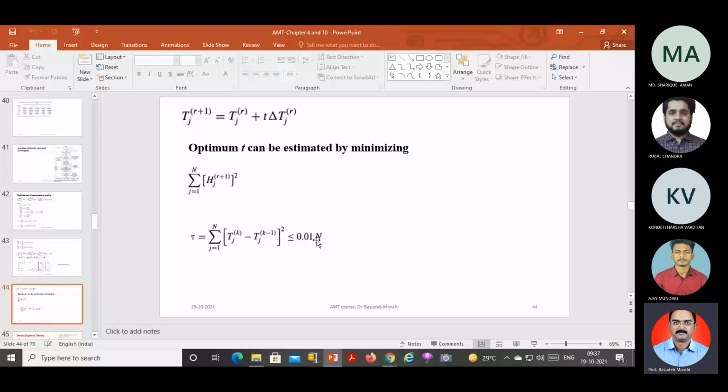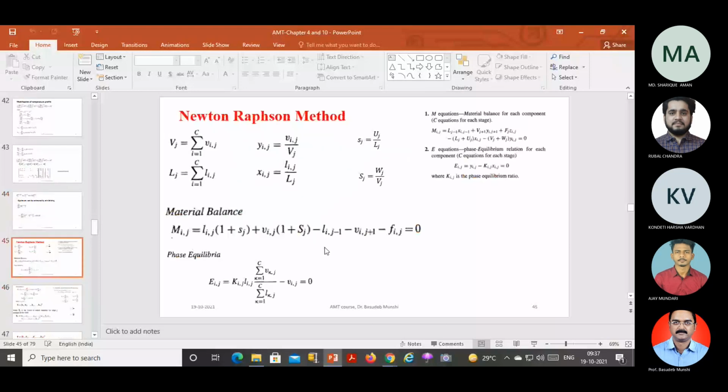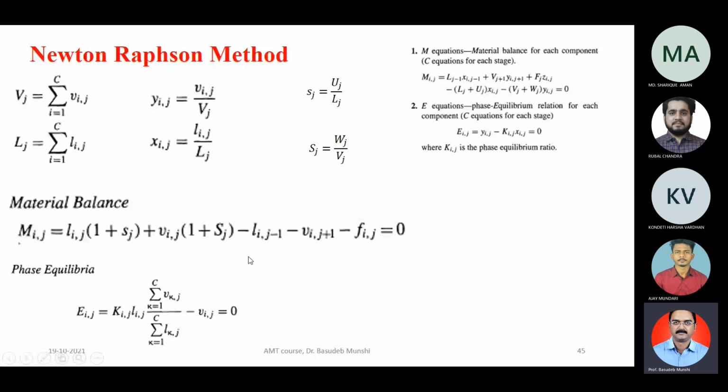Then we have the Newton-Raphson method. In the case of the Newton-Raphson method, there is a little difference. In other algorithms, what we actually do is solve the equation for any particular component. Let's say for i equal to 1, we solve the tridiagonal matrix. We obtain the variation of x, different values of x for different stages, right?